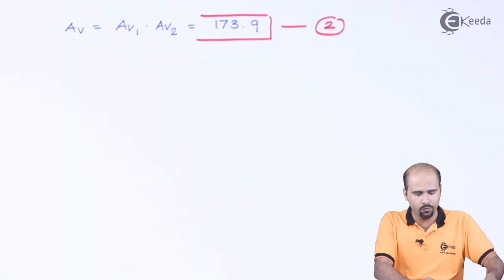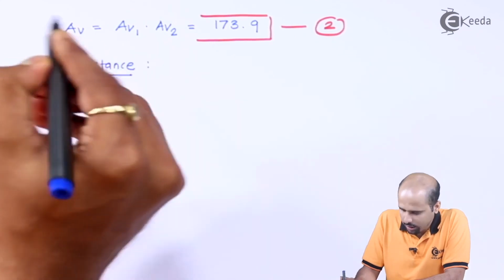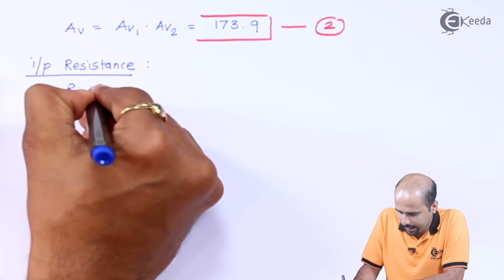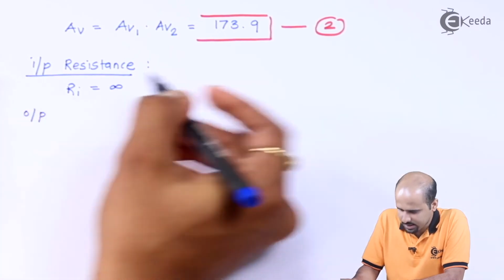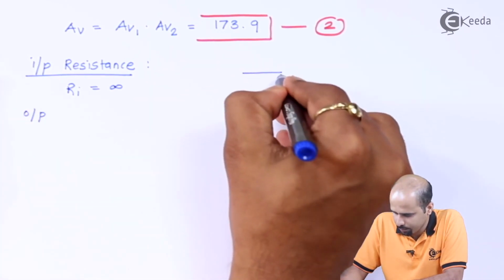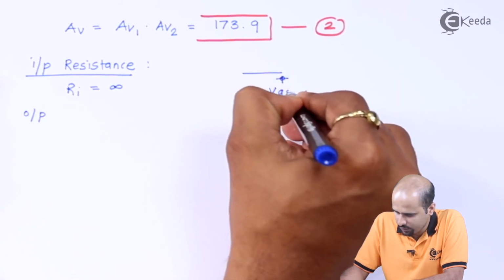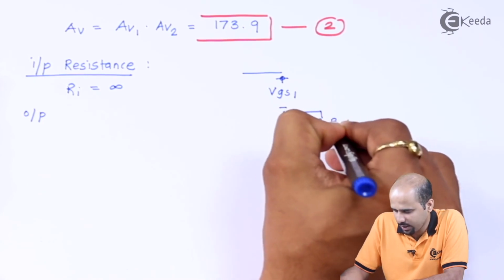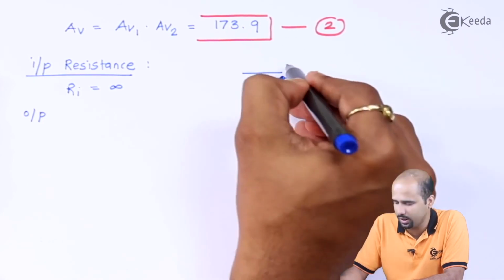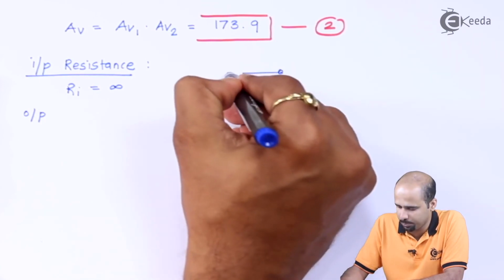Okay, so let's move to the calculation. We'll write the input resistance as Ri, which is infinity. Let's move ahead to the output resistance. I will show it over here because we are using AC analysis. This is your VGS1, which is open circuit, and there will not be any current flowing through RS1, which is part of the input side.